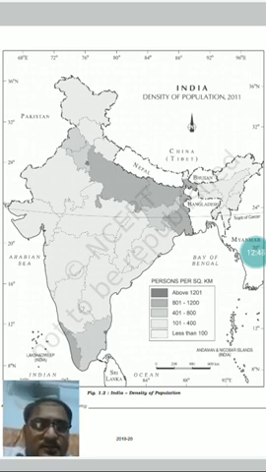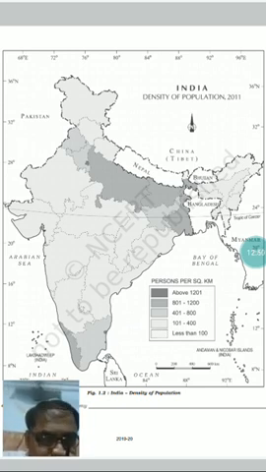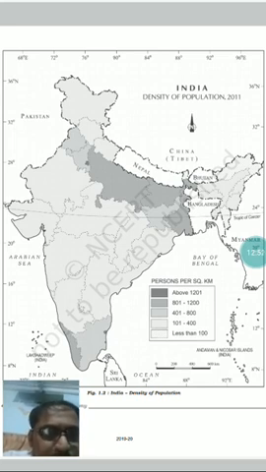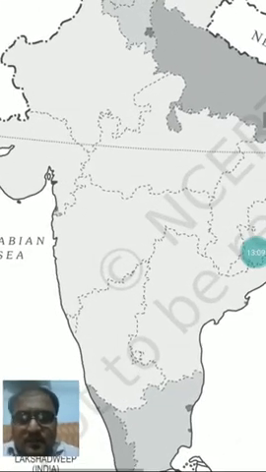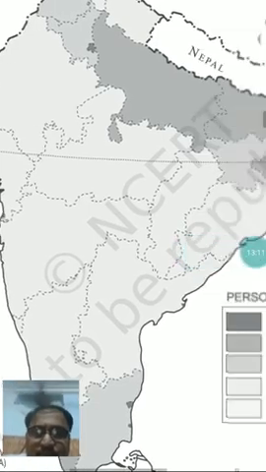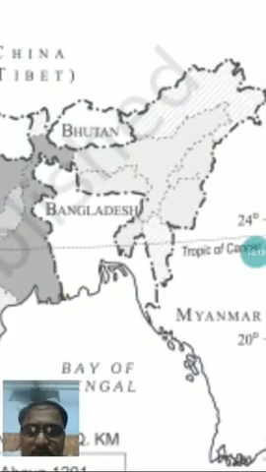Among the moderate states, as I already said, states like Assam, Gujarat. Assam is in the northeast, Gujarat is on the western side of India, just above Maharashtra. This is Gujarat, this side Maharashtra, and Assam is here in the northeast.